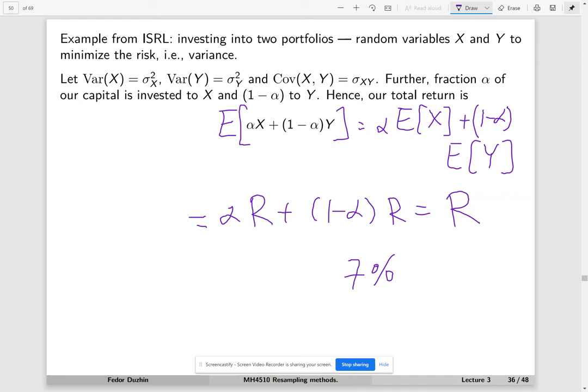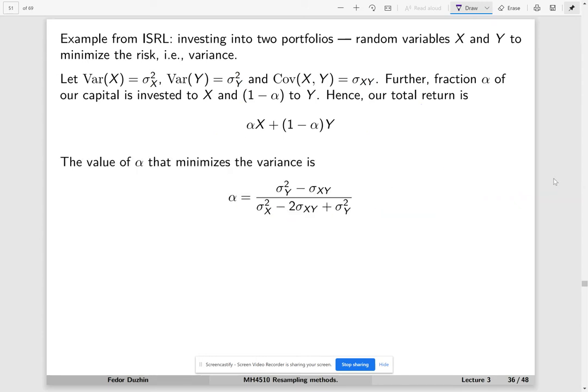But it is better to be sure that it's 7% than gambling on maybe getting 20% but maybe losing 10%. So we usually want to minimize the risk, the variance. The value of alpha that minimizes the variance is this particular number. It's given in the textbook, but I've verified it myself, and maybe I will include it in the tutorial. It's not very hard to derive.